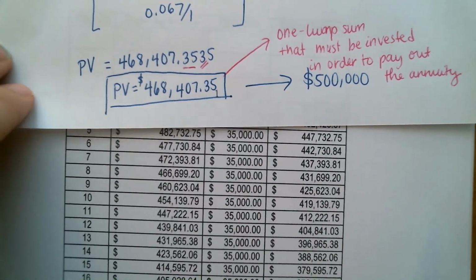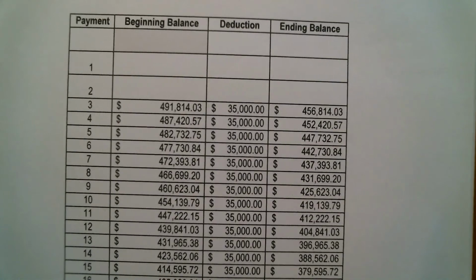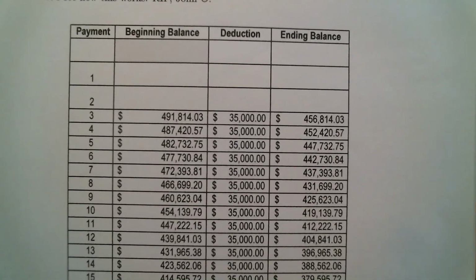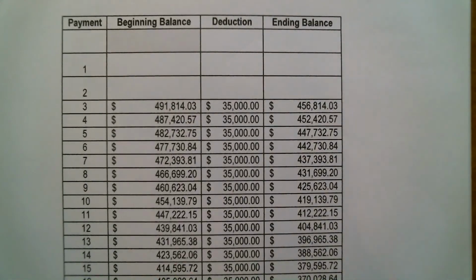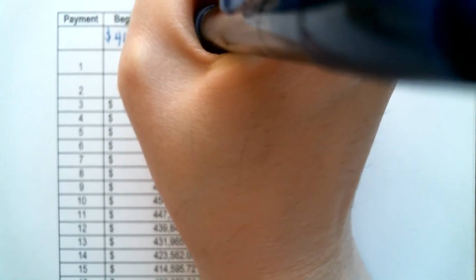Well, let's start from the get-go. We calculated the present value of this annuity. So under the beginning balance, I'm going to put that amount, $468,407.35.